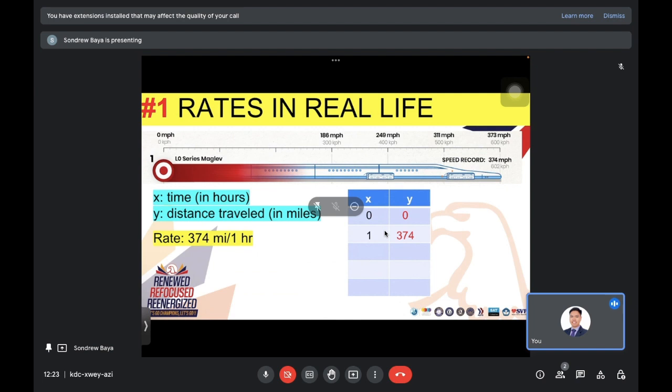How about if you've been traveling for 2 hours? That means the distance you've covered is already 748. How about for 6 hours? Here, take note that we are covering 374 per hour.